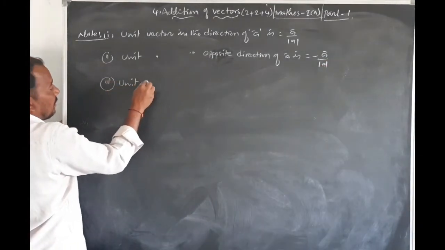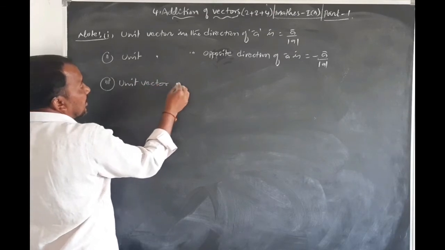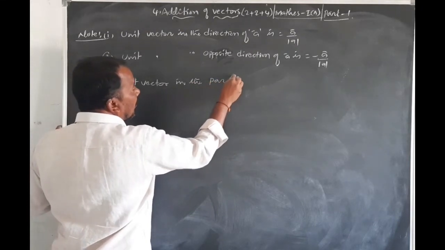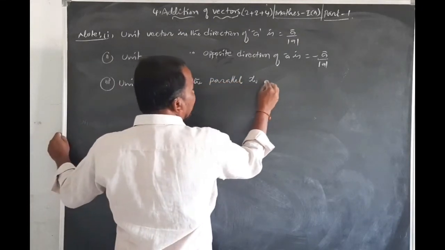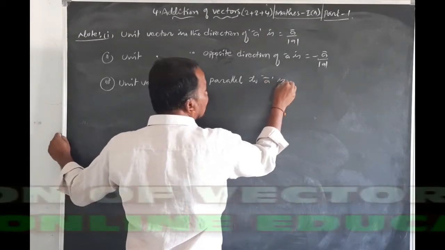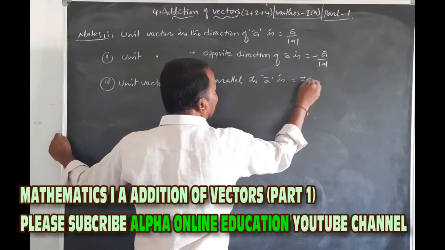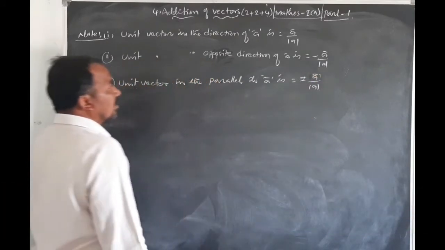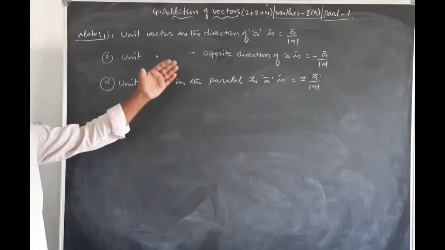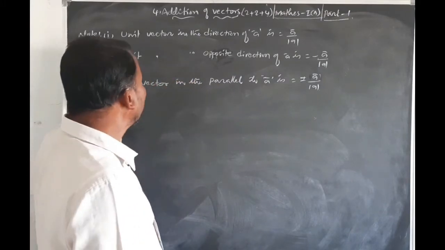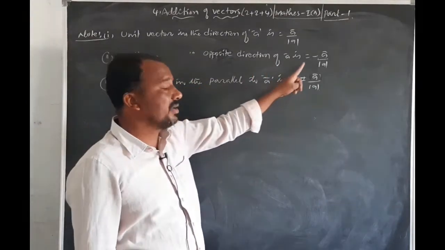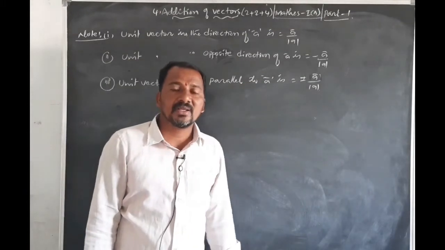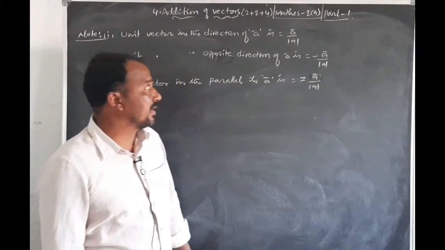The unit vector parallel to a is plus or minus a bar by mod a.